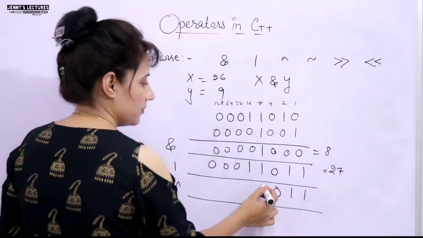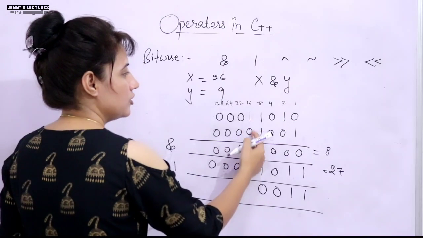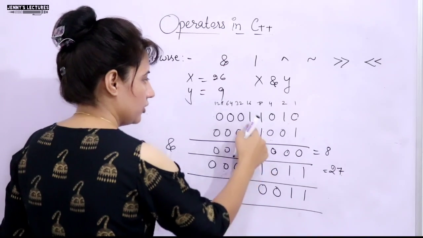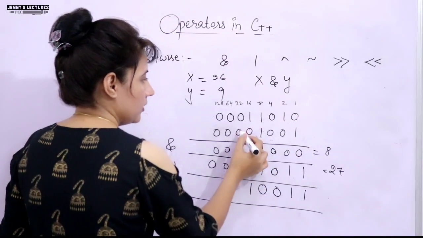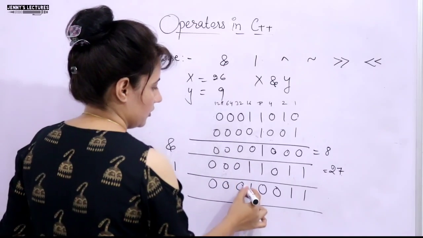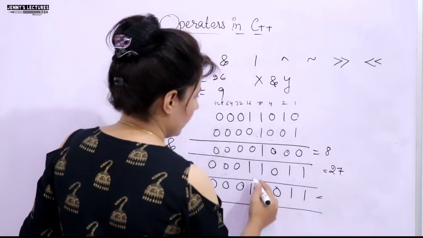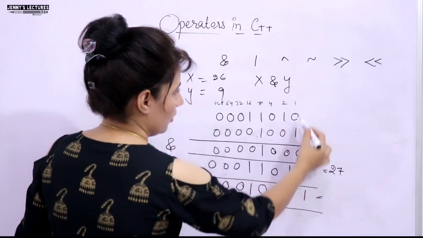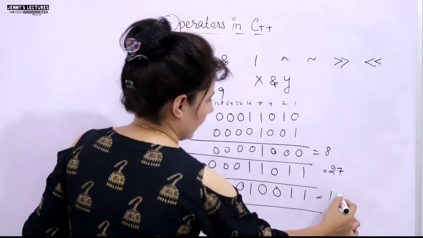True true both are same, then also it will give false. 1 0, one is true, one is false, both are different, so it will give 1. 0 0 both are same, 0. So the result of this would be 16 plus 2 plus 1, 19.